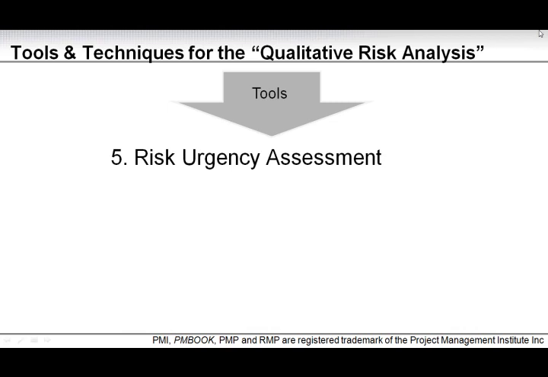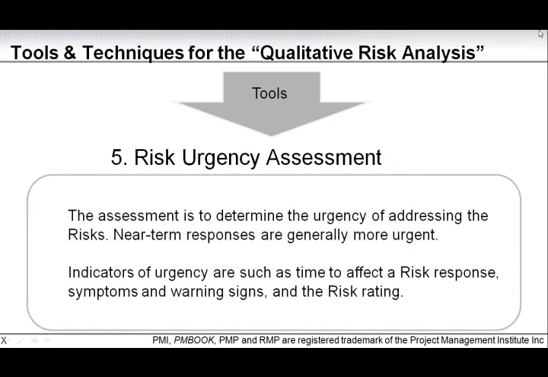Number 5 is the risk urgency assessment. The assessment is to determine the urgency of addressing the risks. As mentioned earlier, near-term responses are generally more urgent, and indicators of urgency are the time to effect a risk response, symptoms and warning signs, as well as the risk rating.